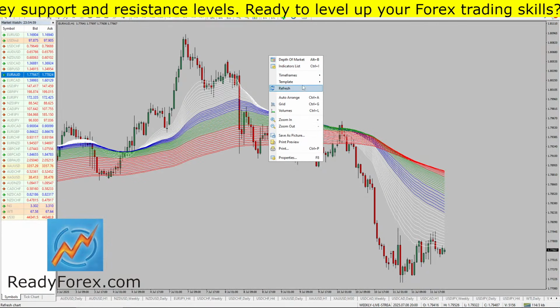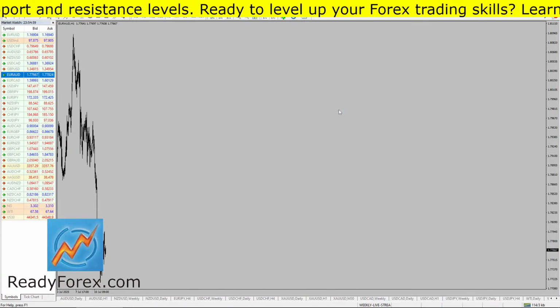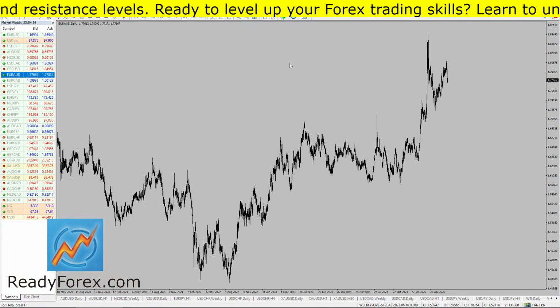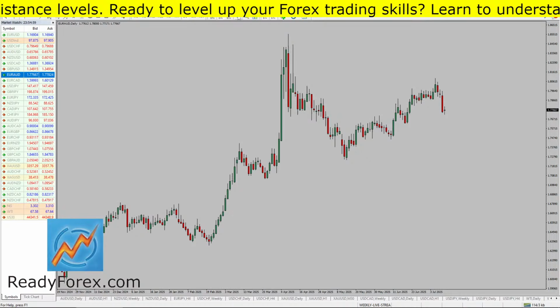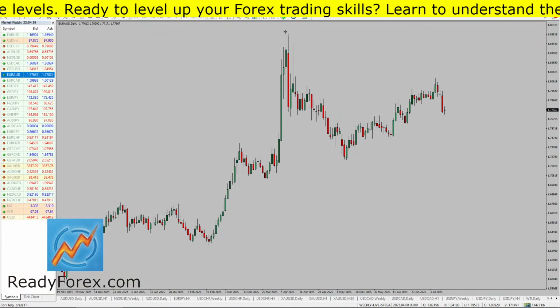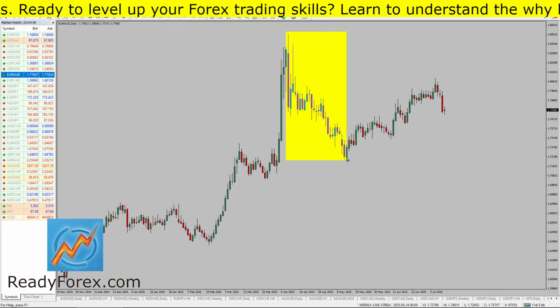As far as the Elliott wave is concerned, I'm going to move to this chart. This is the first leg over here.